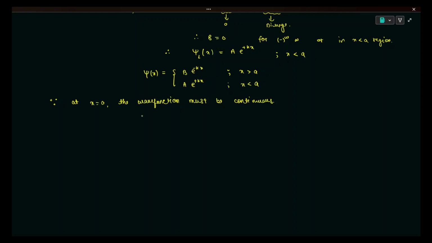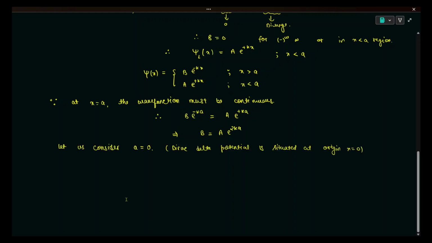At x equal to a, the wave function must be continuous. So therefore b e raised to power minus ka should be equal to a e raised to power plus ka. Or what I can say, b is equal to a e raised to power 2ka.